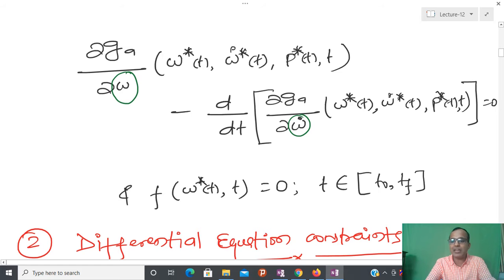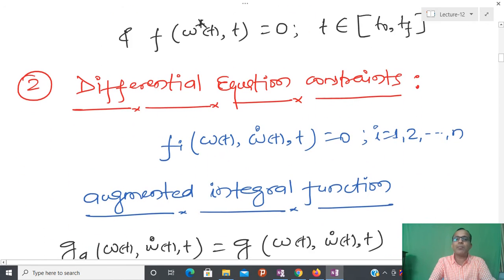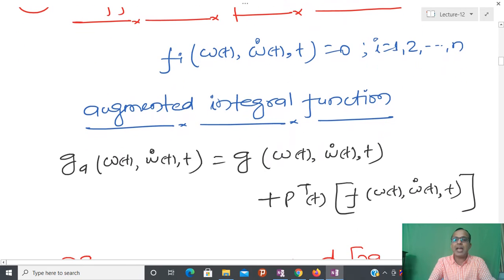A similar idea we found in the case of a differential equation constraint, and what we showed in the previous class is that whenever I have some kind of process or system that is governed by a differential equation, then whenever we are solving the optimal control problem, that particular differential equation which we obtain after the mathematical modeling acts as a constraint during the optimization problem.